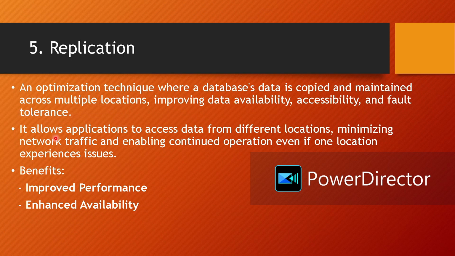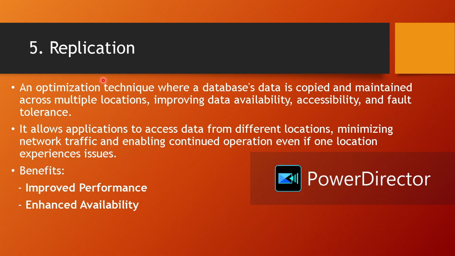Further, it also allows applications to access data from different locations, minimizing network traffic, as network traffic will be decreased since you have multiple locations from where you are accessing the data, not just a single location. It also enables continued operation even if one location experiences issues. Since you have many locations, if one experiences issues, you still have the others at your disposal.